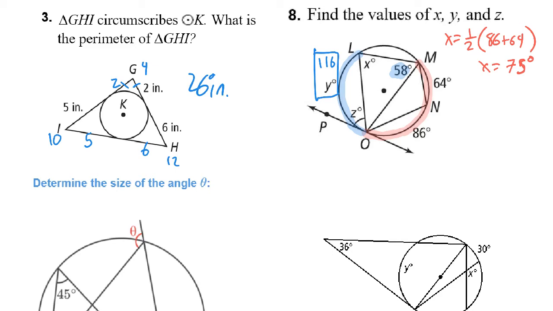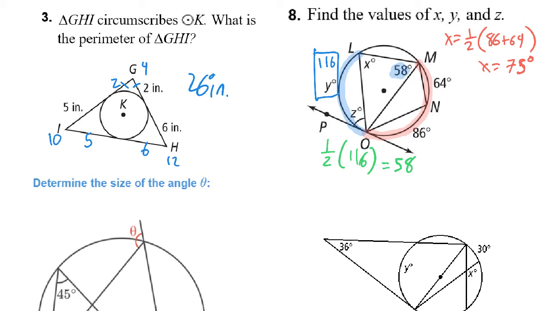And then z is on the circle, so z is simply half of 116 because it makes the same blue arc. So z is the same as m, that 58. Because this angle is making the same arc as this angle, so this angle and this angle must be the same. I could have done that without even finding the 116.